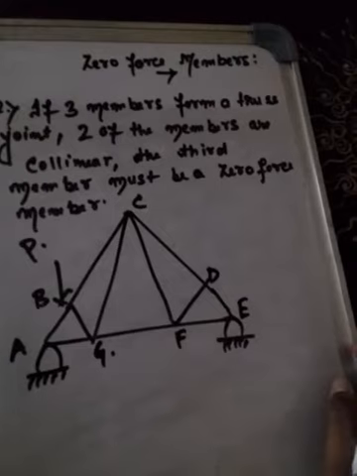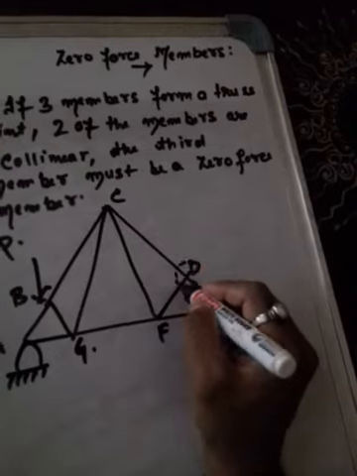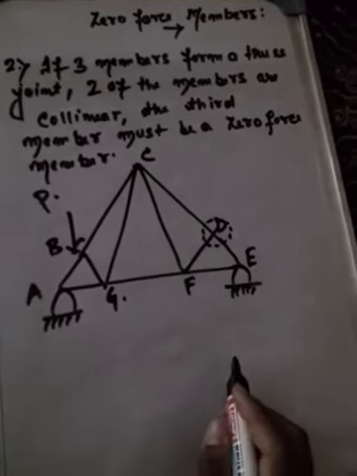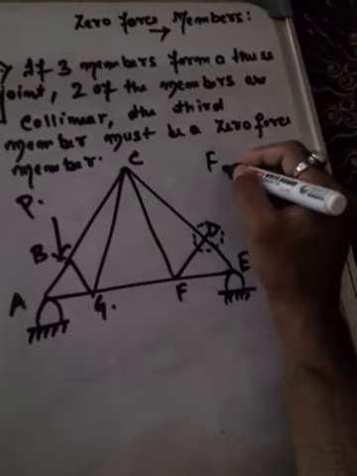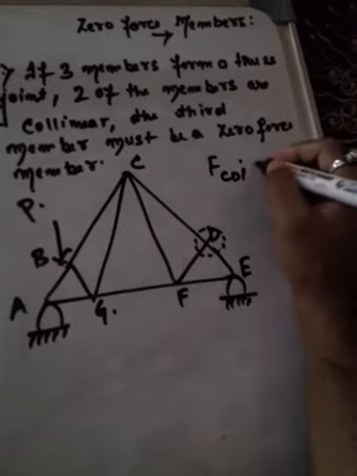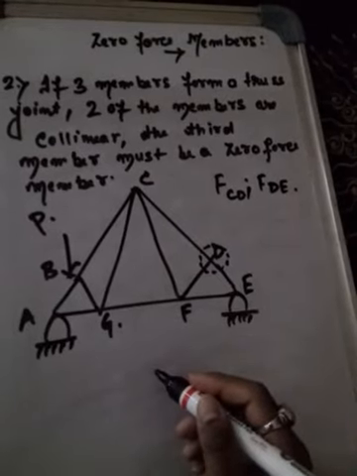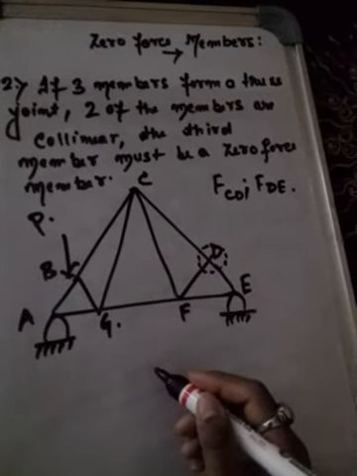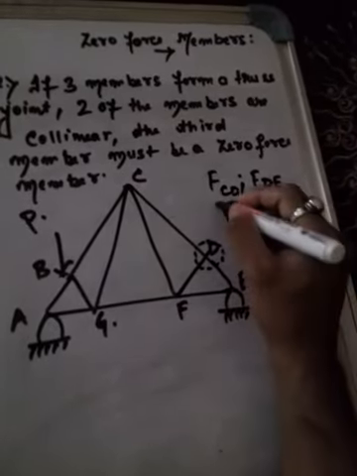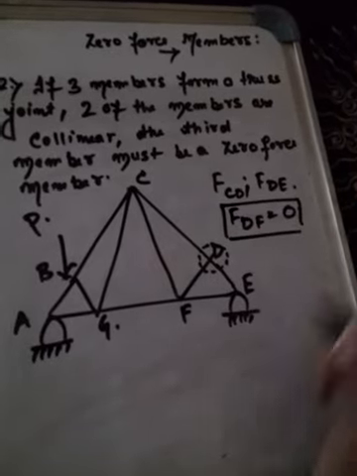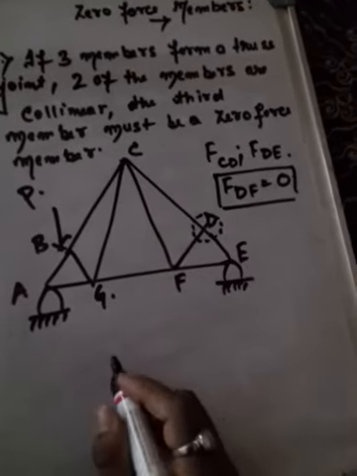Let us take joint D. You see that at joint D, the two collinear members are FCD and FDE, and the non-collinear member is FDF, right? So FDF must be a zero force member. Clear?